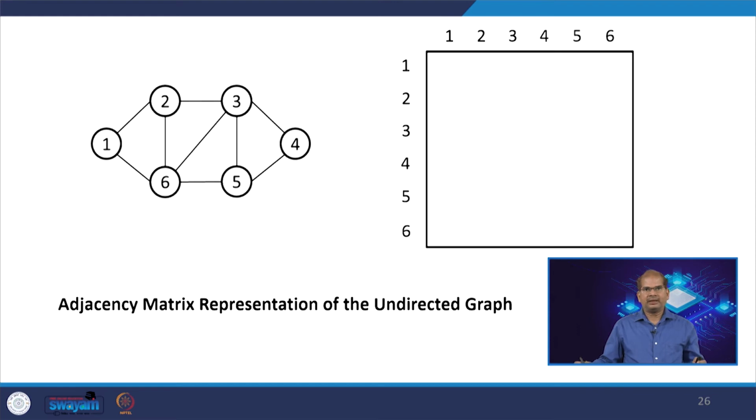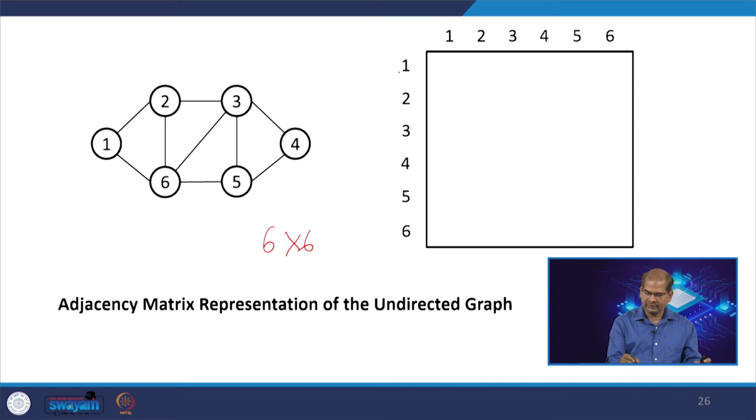So, let us take an example here. How many vertices do I have here? The number of vertices is 6. So, the size of my adjacency matrix is 6 by 6. Let us say I have an edge from 1 to 2.